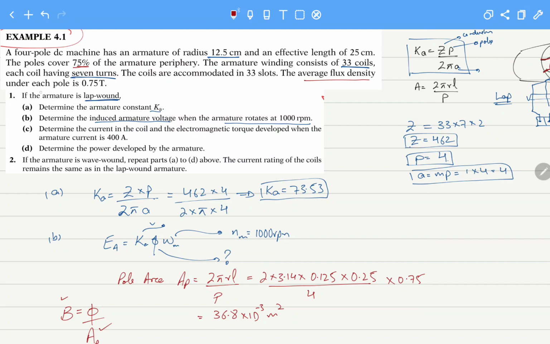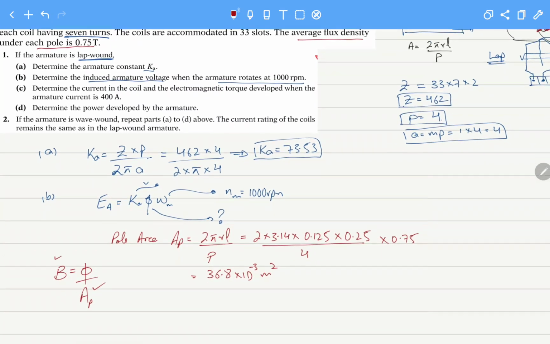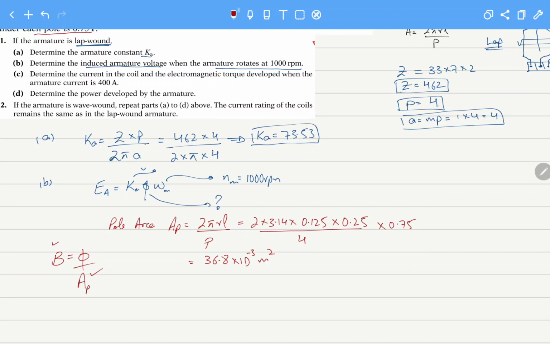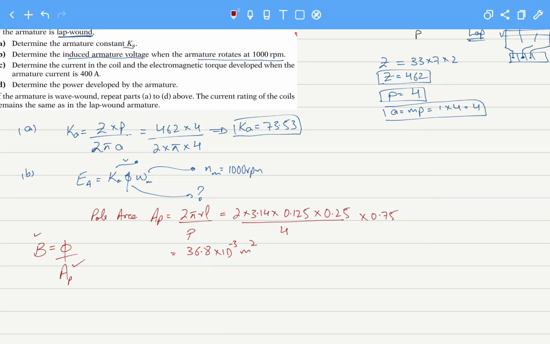The average flux density under each pole is 0.75. So the effective area under each pole, where the flux density is this, the flux over that area will be flux equals flux density into the effective area of the pole.